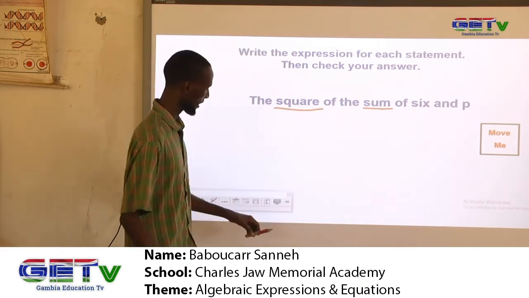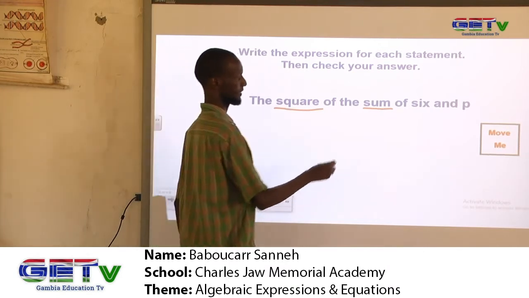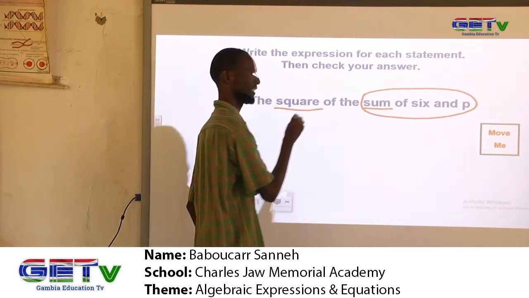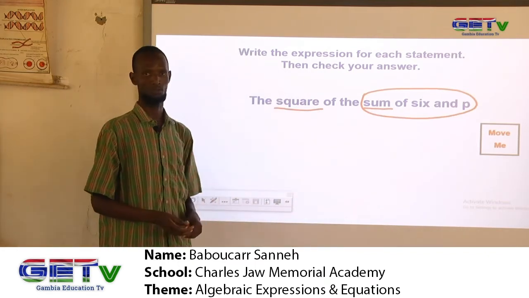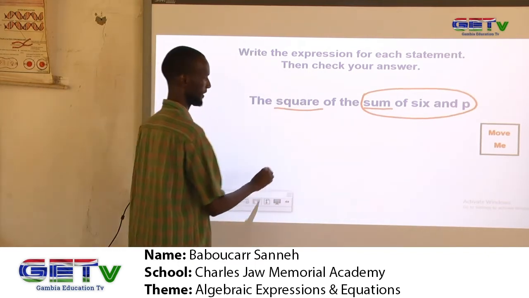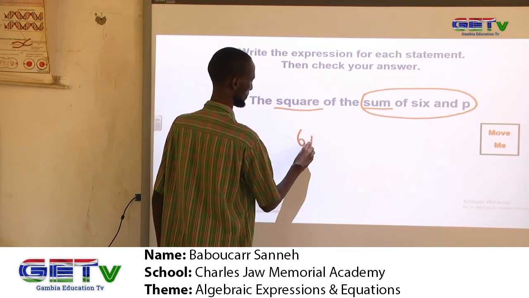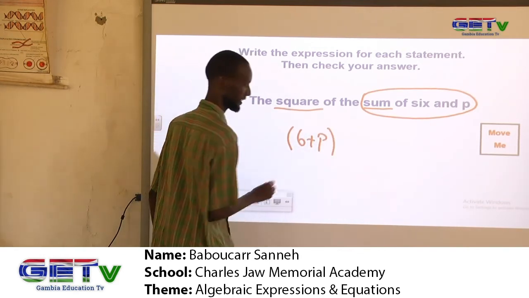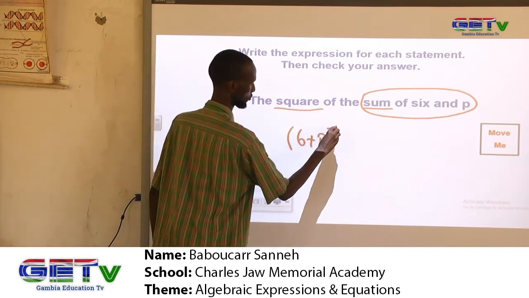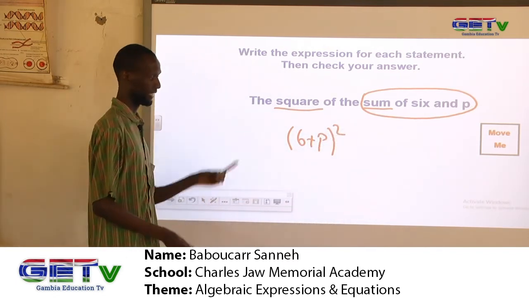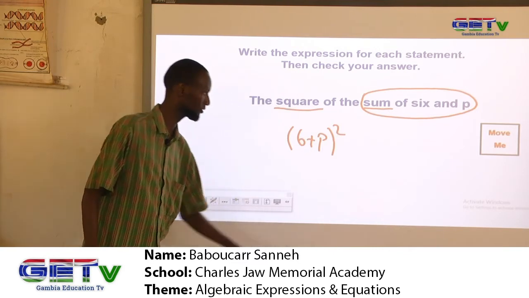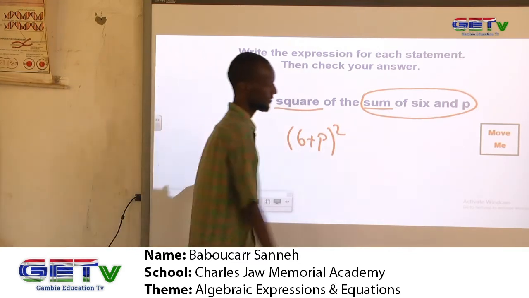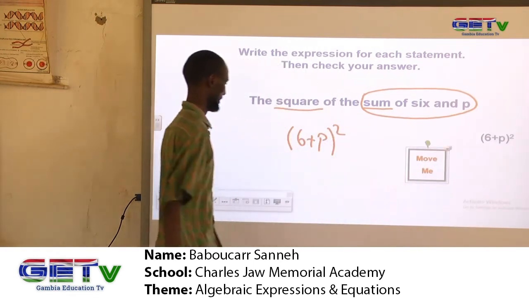So what you are doing here is taking the sum of 6 and p and then raising all that to power 2. So in the end you have 6 plus p. We need to use the parentheses and then you square that. So that is all you have been required to do here. The sum of 6 and p all squared.